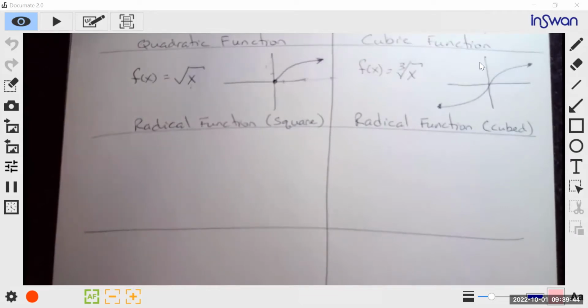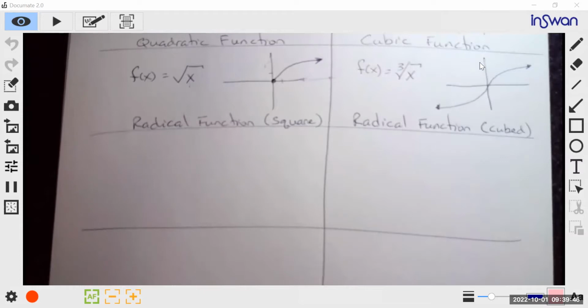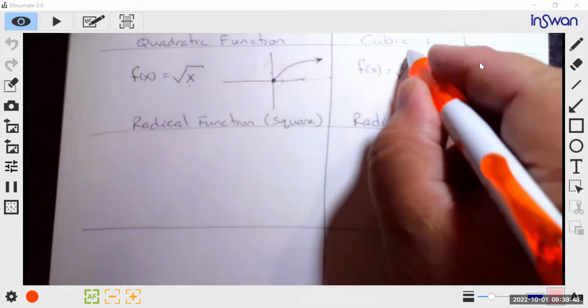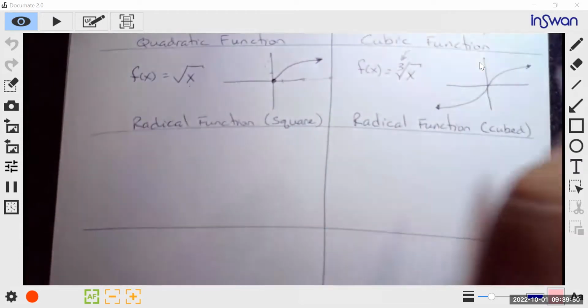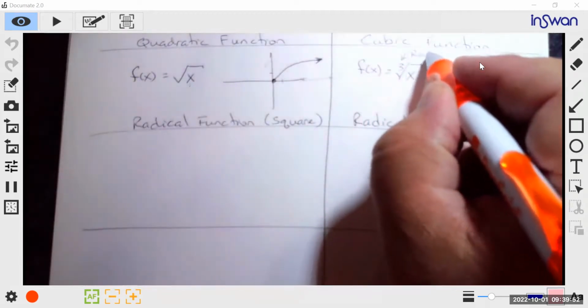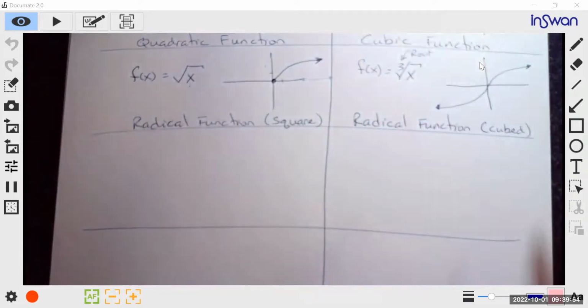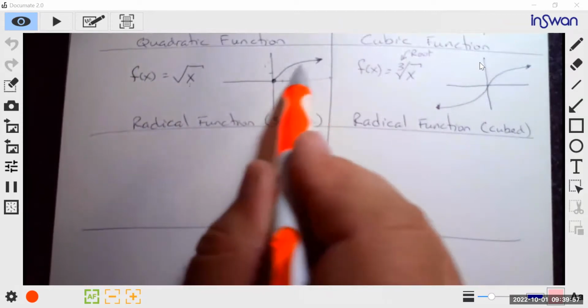So those are two radical functions. If the root is odd, you can have a positive and negative. If the root is even, you can only have positives.